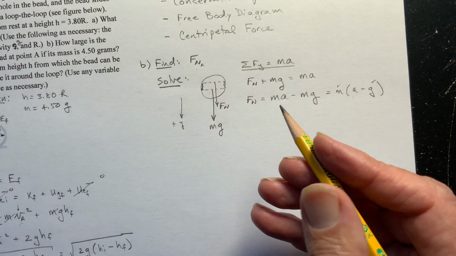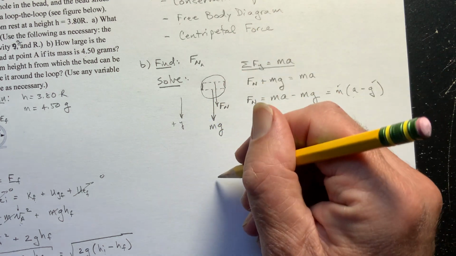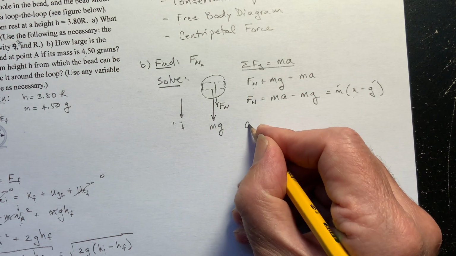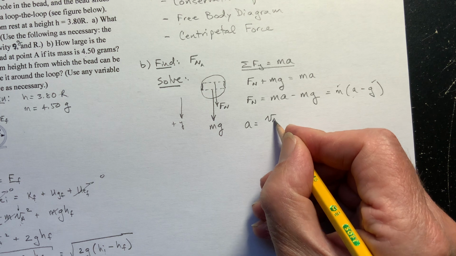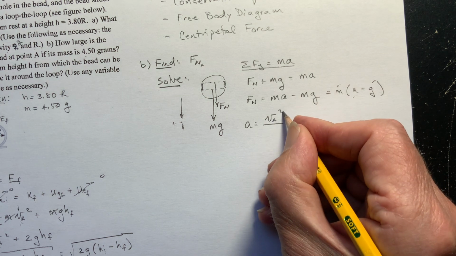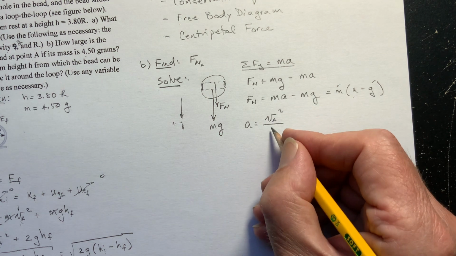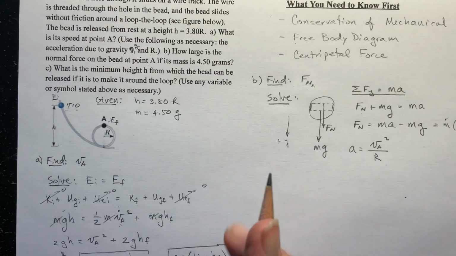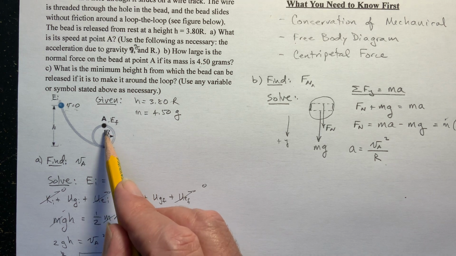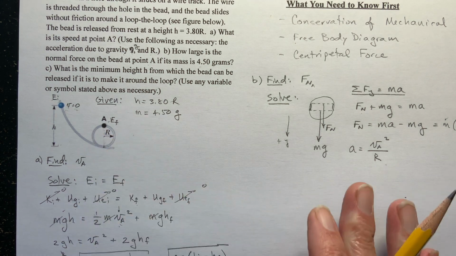Well, the acceleration, this is a centripetal acceleration. So this acceleration, we know, is equal to the velocity at point A squared over r, over the radius of the circle. And the radius of the circle is just this r that they gave us, the radius of that circle.